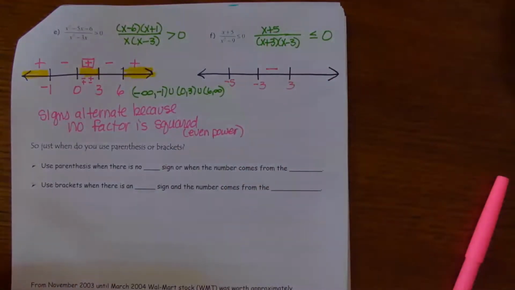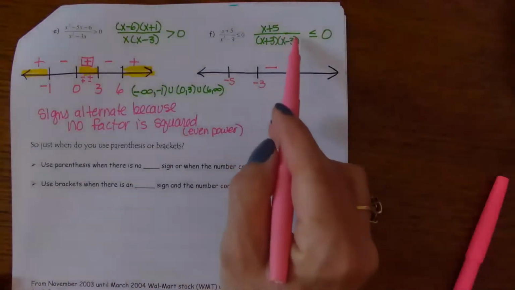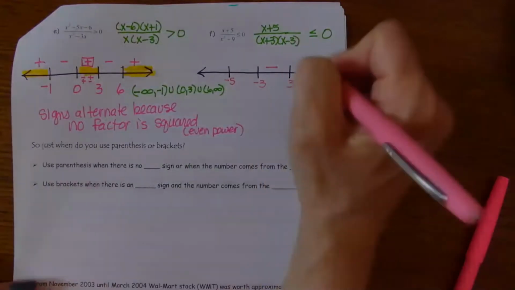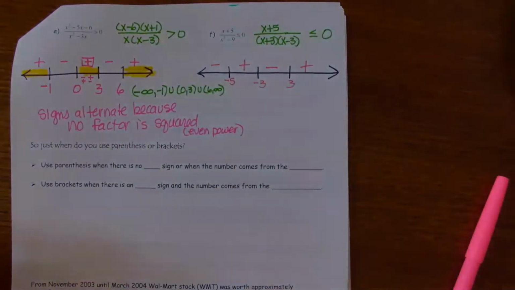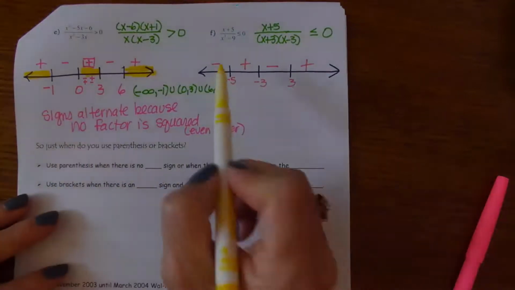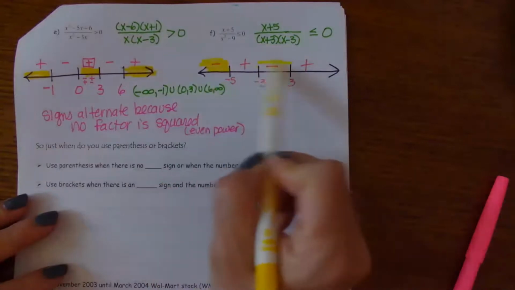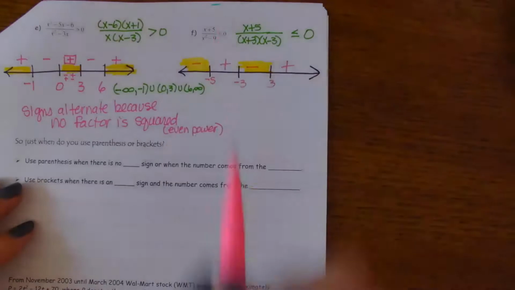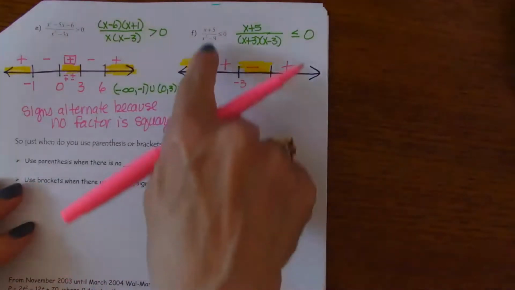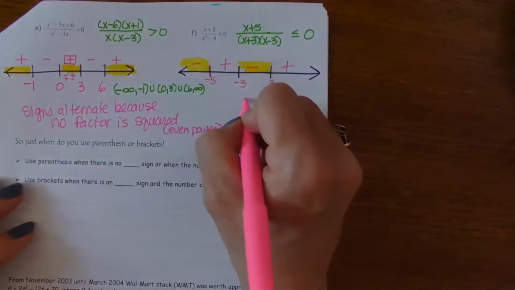Do my signs alternate? Are any of these raised to an even power? No. So my signs alternate. Don't you like knowing that and not plugging in a whole bunch of numbers? I do. And we want negatives this time, right? We want negatives. Now, it's got an equal sign. So if it came from the top, it's okay.